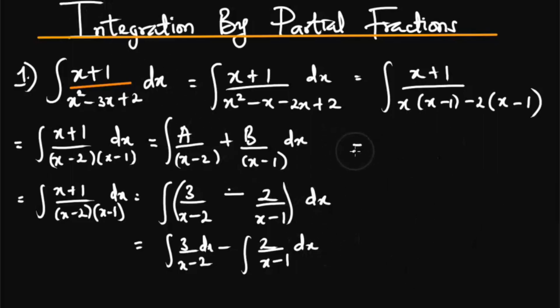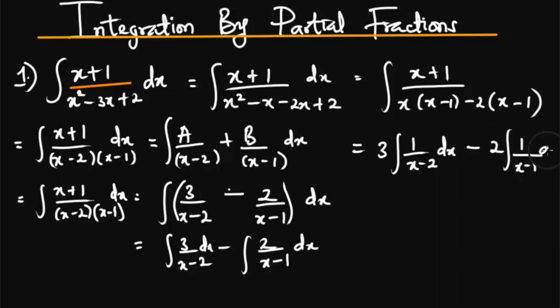And we can write this as 3 times the integral of 1 over x minus 2 dx minus 2 times the integral of 1 over x minus 1 dx. Now, to evaluate these integrals, the rule is that when you differentiate the denominator and it gives you the numerator, the integral of the expression is the ln of the denominator.